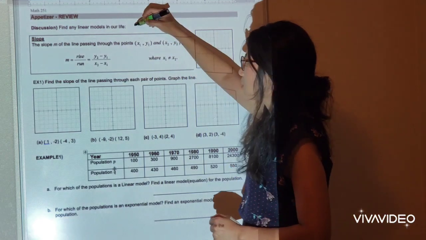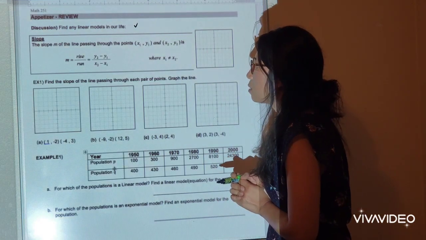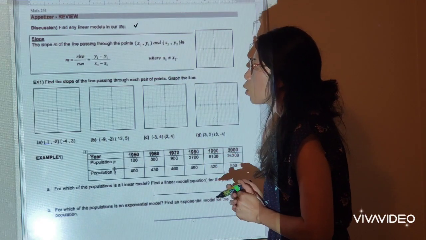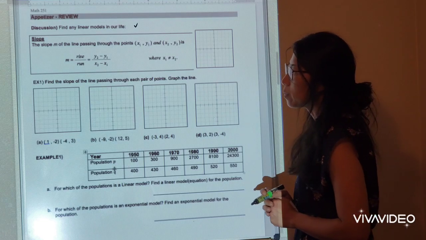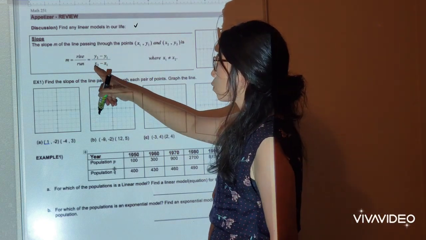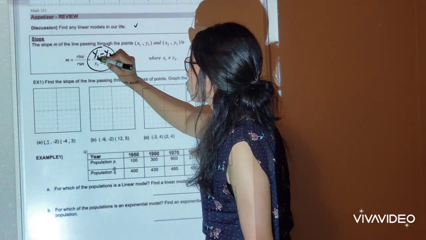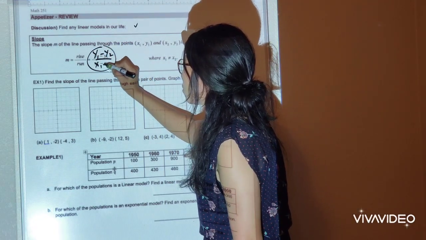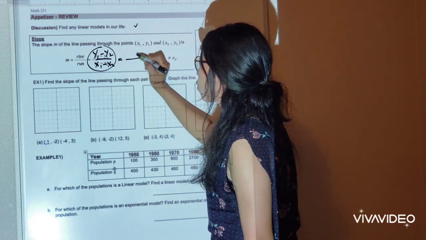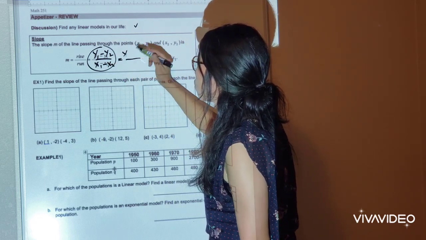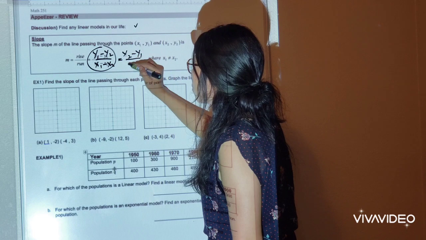So if you understand linear models, let's see what a slope means. Everybody knows that slope is rise over run. Also, we have a formula of y1 minus y2 over x1 minus x2. Well, I put it backwards, but as long as you put it in the right order, it doesn't matter.